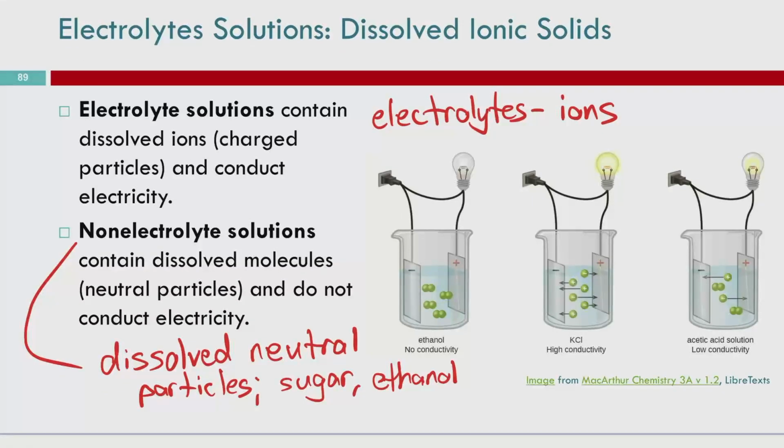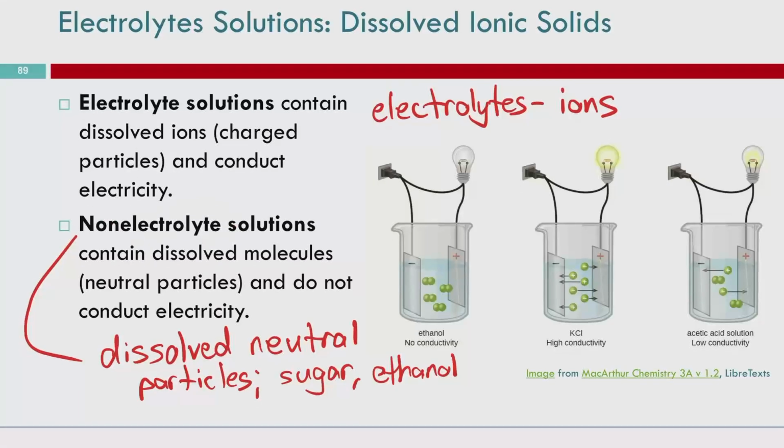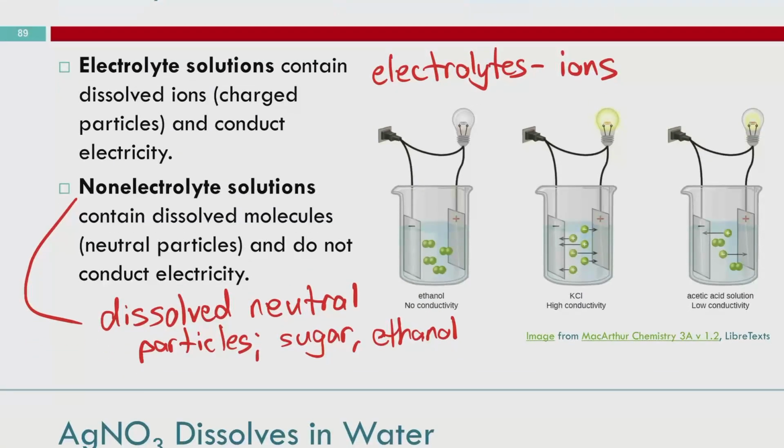There are lots and lots of other examples of things that are dissolved neutral particles. But any molecular compound that's not an acid, not a strong acid at least, would be a non-electrolyte solution. So electrolytes are ions, sports drinks are full of ions. Dissolved neutral particles like sugar are non-electrolyte solutions. They don't have ions in them. Electrolytes equal ions.